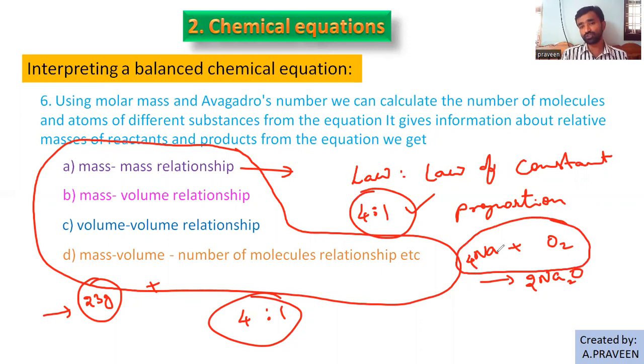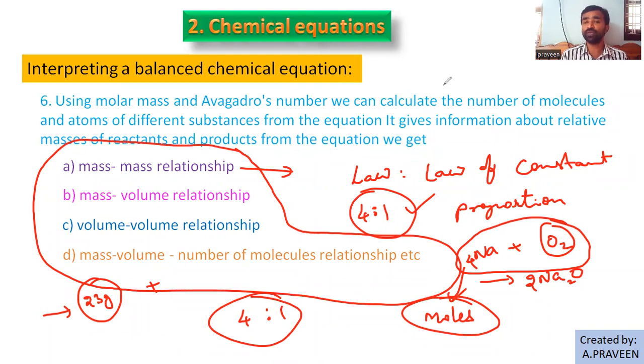The coefficient written before the formula is equal to the number of moles participating. That means 4 moles of sodium react with 1 mole of oxygen.